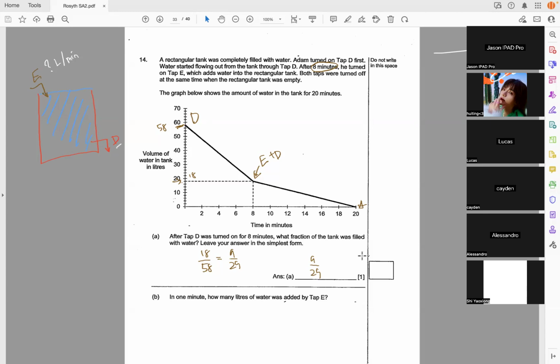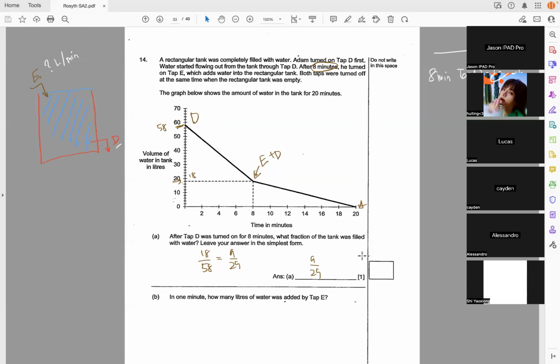Okay. Now we know that for 8 minutes, tap D, volume of water from the tap D drains out how much water? From 58 to 18. It drains out 40 liters of water.